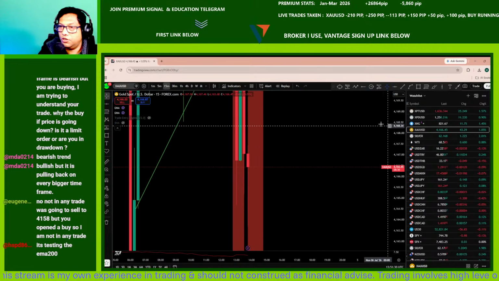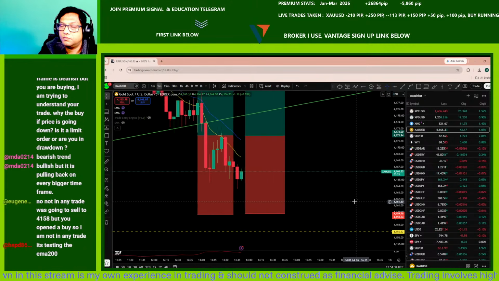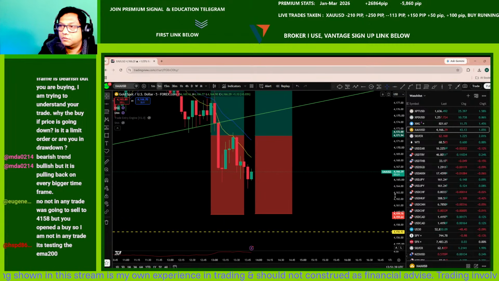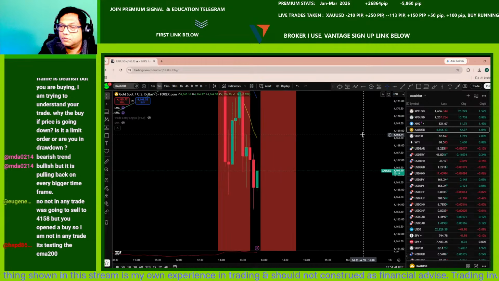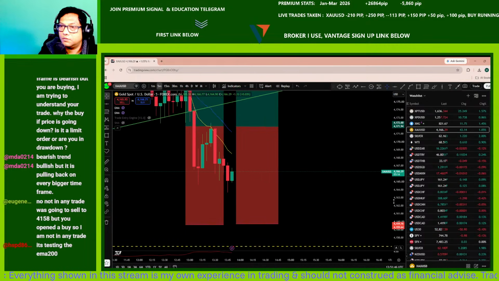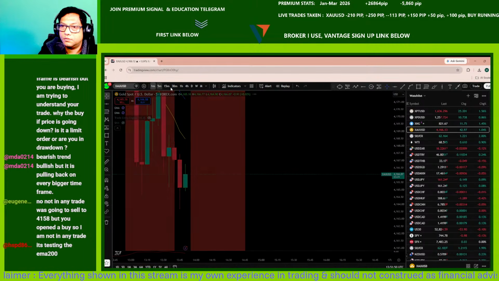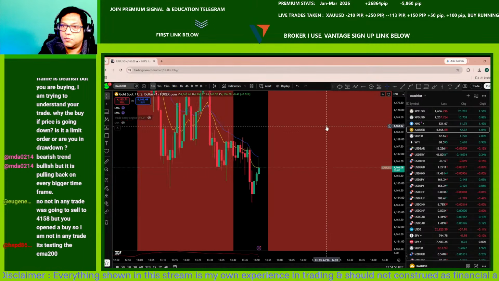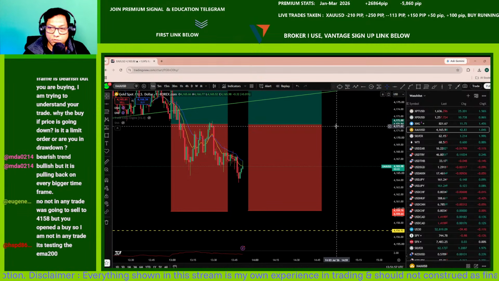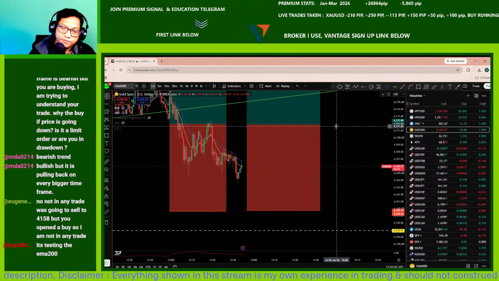Okay, so you can see it slowly building its momentum at that level. Some key zone that we will be looking at here.